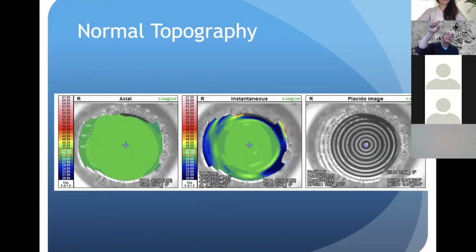So you'll take a point, and I believe you usually take it at 5 millimeters around the center of the pupil, and you look at the point above and the point below, and if it's greater than about 1.5 or 2 diopters, in other words, steeper on the lower half of the cornea, then you should start to worry that perhaps that patient either has forme fruste keratoconus, real keratoconus, or is at risk of developing keratoconus.